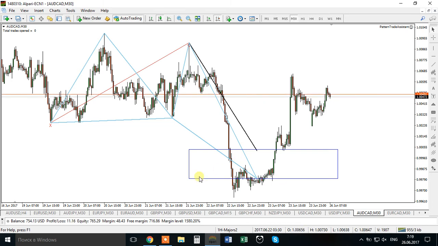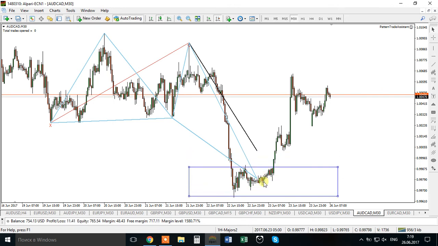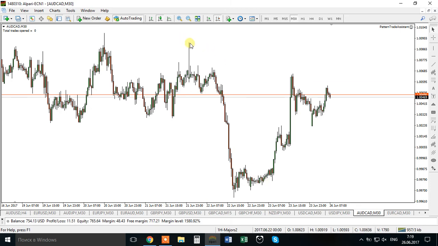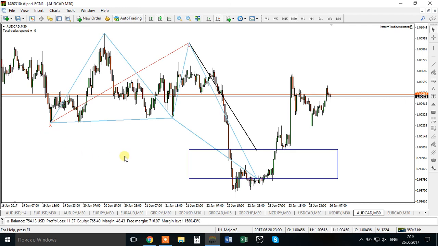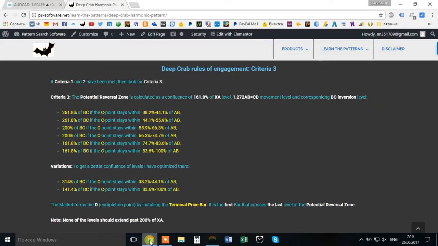It doesn't match perfectly. You see the actual reversal took place a bit lower. But it gives some clues, and if you have sound trade execution and trade identification, you profited from this trade, as in this case.